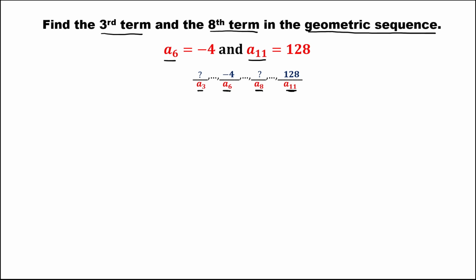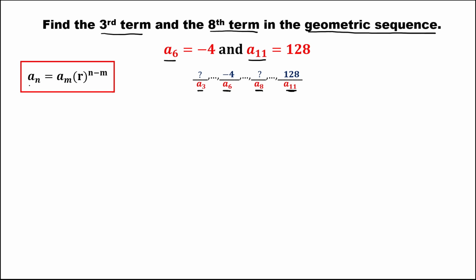Since from this given there is no first term, or a sub 1, we're going to use this formula to solve this problem. So we have a sub n equals a sub m times the common ratio to the power n minus m.